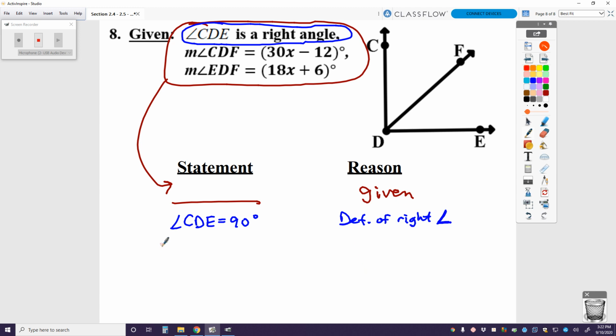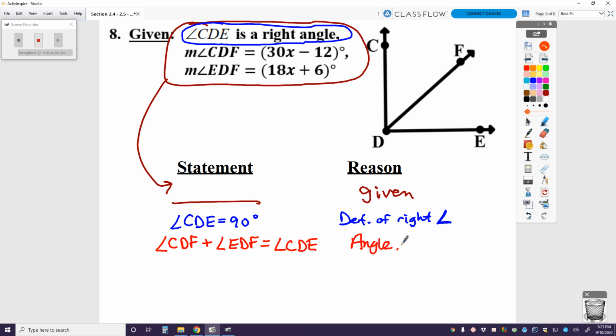So we've got angle CDF, that angle on top, plus angle EDF, that angle on bottom, all together equals, now here's where some people might go, equals 90, but we're not quite there yet. This little angle plus this little angle makes this great big angle, and we're still going to name that great big angle by its proper geometrical name right now, angle CDE.